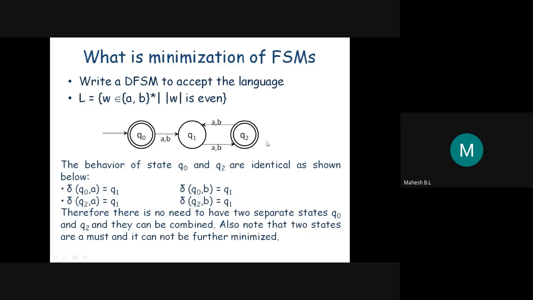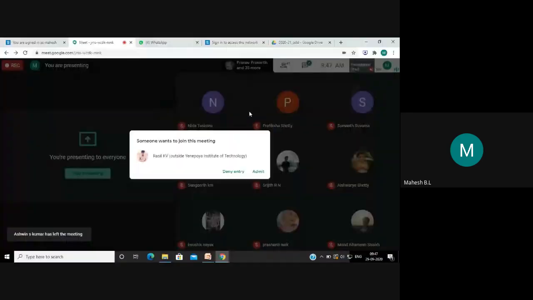So this DFSM can be minimized by eliminating one of the states. There is one state which is redundant, which is not required. So that's what you mean by minimization: unnecessary states we are going to eliminate to minimize the DFSM.